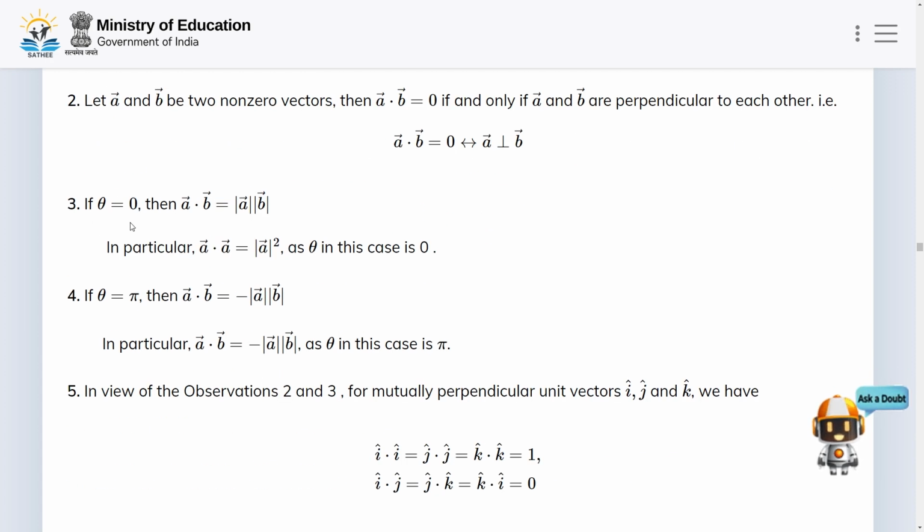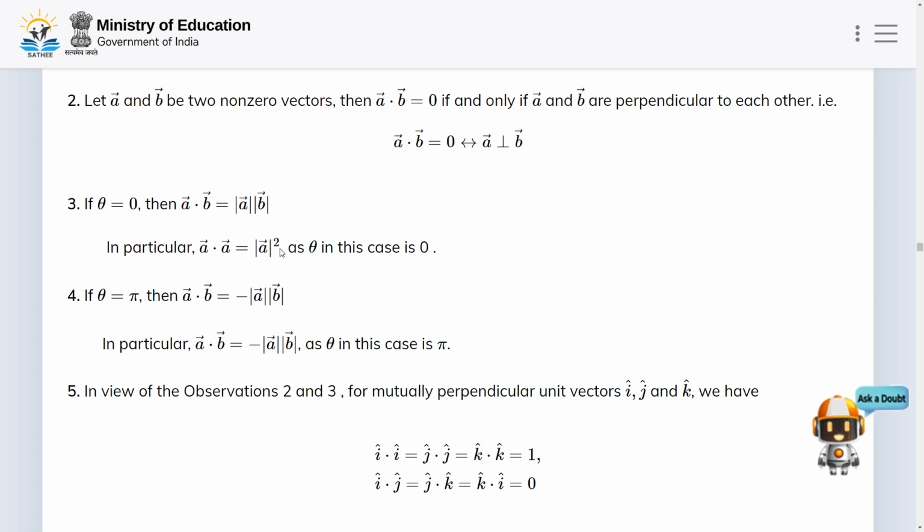Now if theta is 0, in this particular case a dot b will be magnitude of a multiplied by magnitude of b times cos theta, and cos 0 is just 1. In particular, a dot a will be the square of the magnitude of a, as theta in this case is 0.